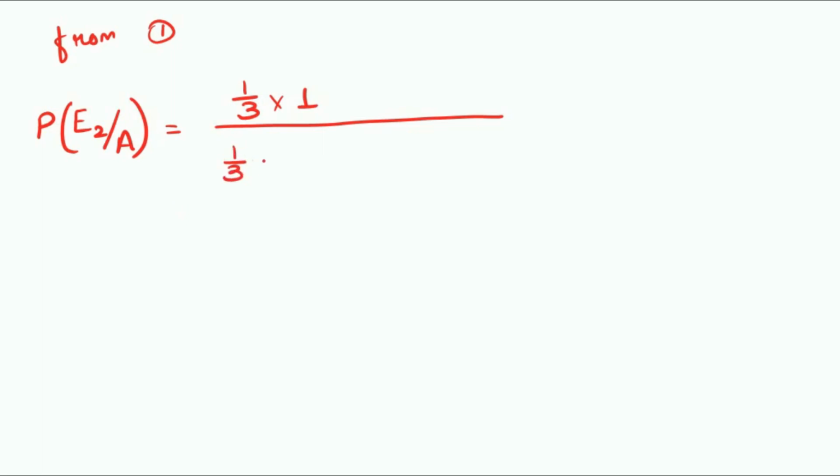Similarly, I'll write the probability of all of them. Probability of E1 is 1 by 3, and the probability of getting a black ball from there is 0. Probability of getting bag E2 is 1 by 3, and probability of getting a black ball from there is 1. Plus probability of getting the third bag is 1 by 3 into probability of getting a black ball from there, which is half.